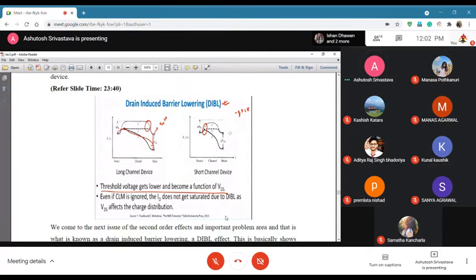But because of this drain-induced barrier lowering, the threshold voltage gets reduced as you increase the VDS. In other words, in long channel, when you increase the VDS, there is no change whatsoever in the threshold voltage.